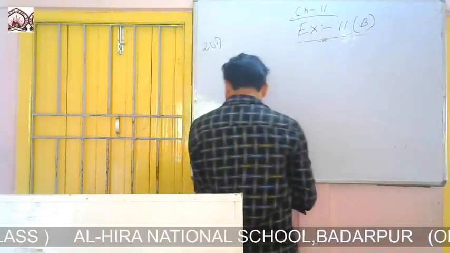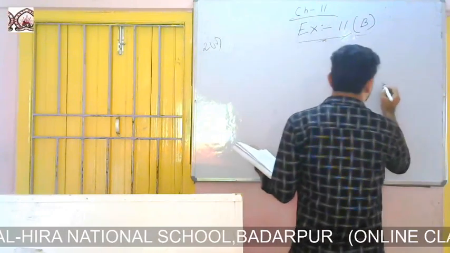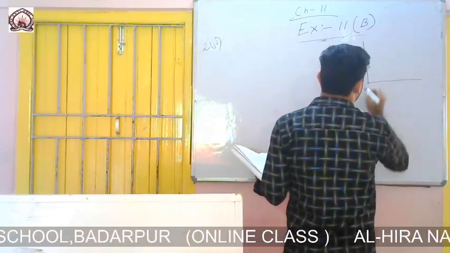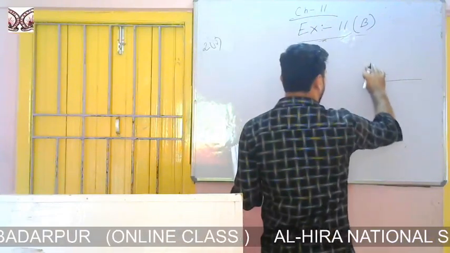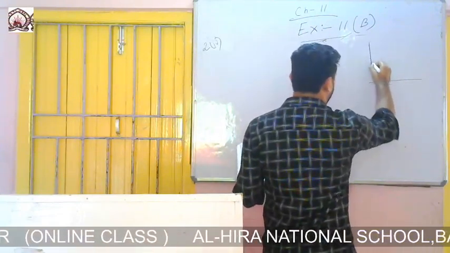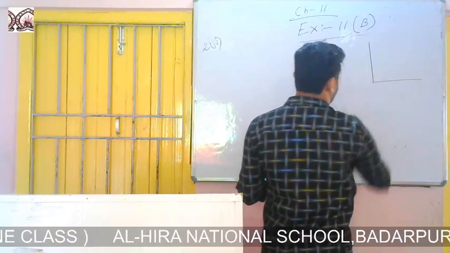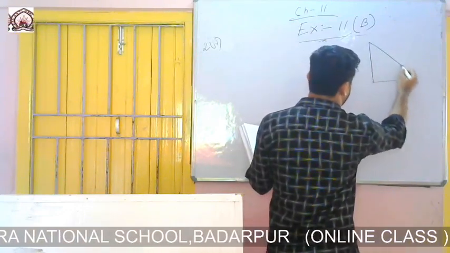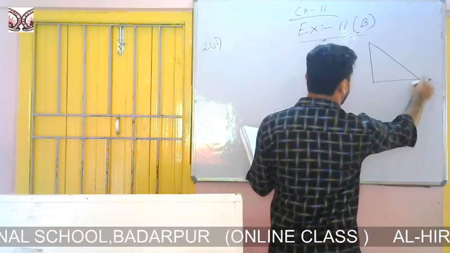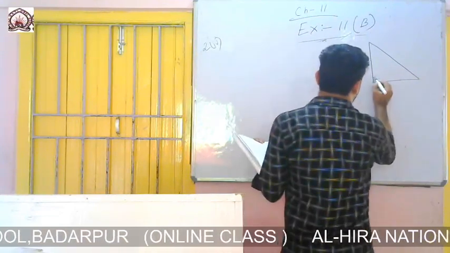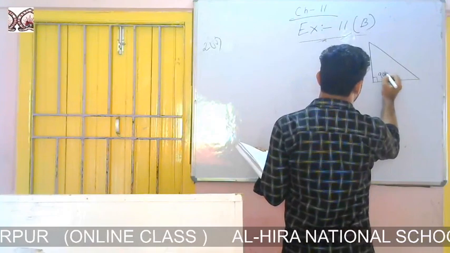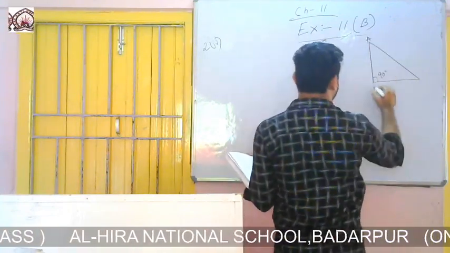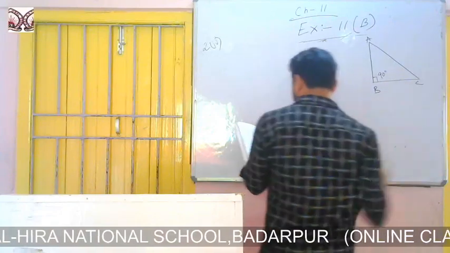Okay, we have to find. So let me draw the diagram. Okay, this is a right triangle. So measure of this angle is 90 degree. You can say ABC is a right triangle.